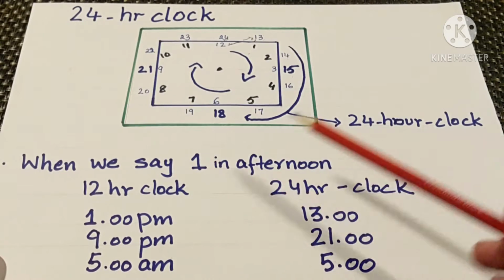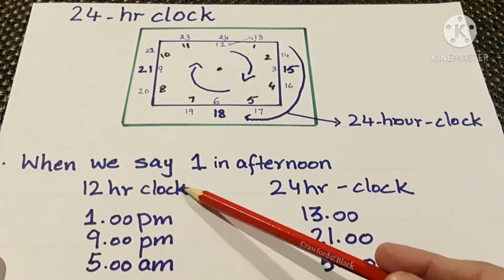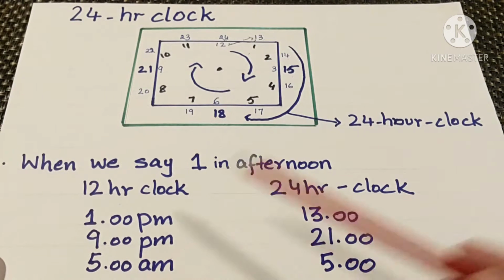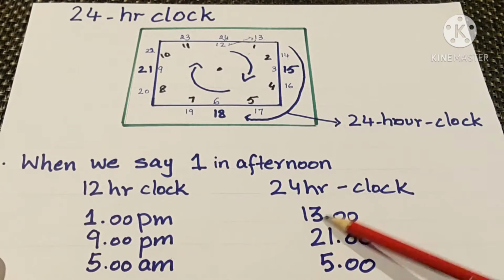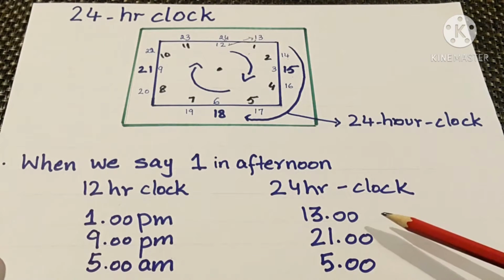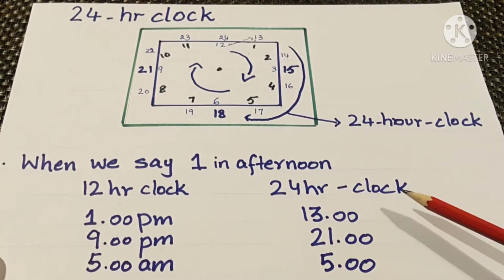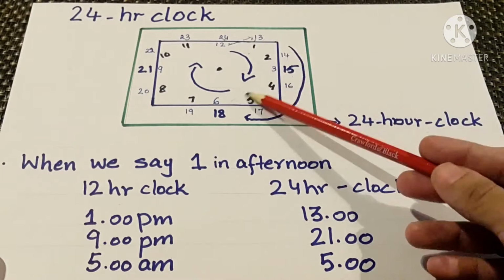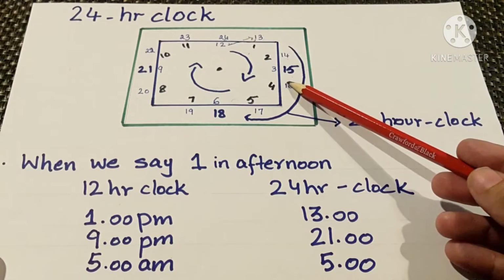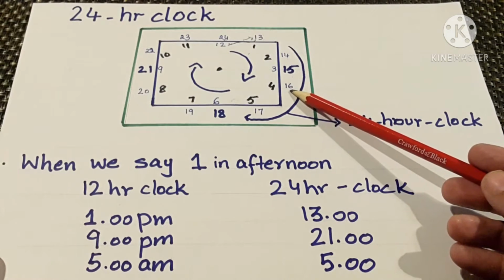When we say 1 in the afternoon, this means in 12-hour clock it is 1 PM, whereas in 24-hour clock it is 13. And we don't use AM or PM in 24-hour clock because it is obvious that when we say 1, 2, 3, it means AM, and when we come to the double digit like 13, 14, 15, it is PM.